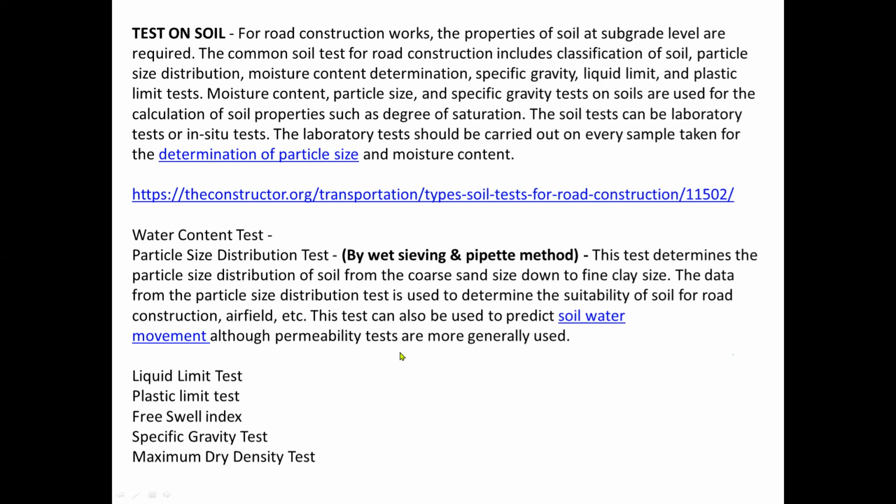The data from the particle size distribution test is used to determine the suitability of soil for road construction, airfield, etc. This test can also be used to predict soil water movement, although permeability tests are more generally used. Liquid limit test, plastic limit test, freeze-thaw index, specific gravity test, maximum dry density test.